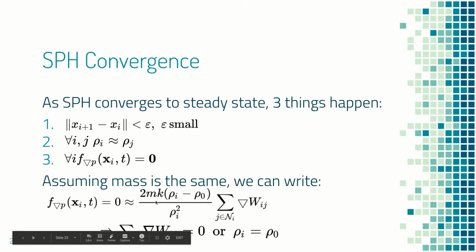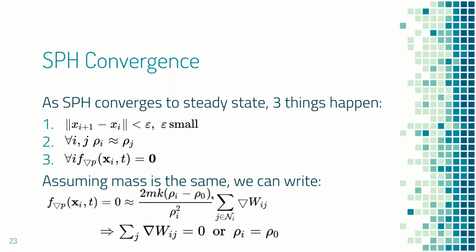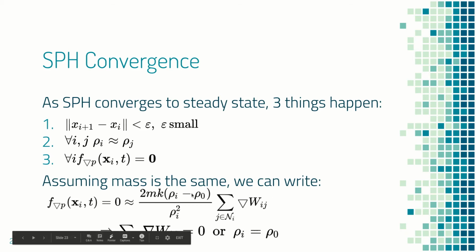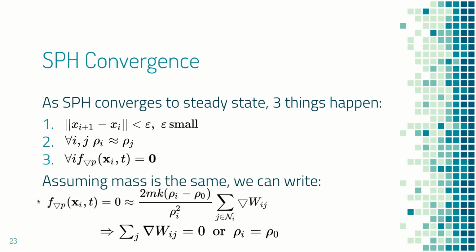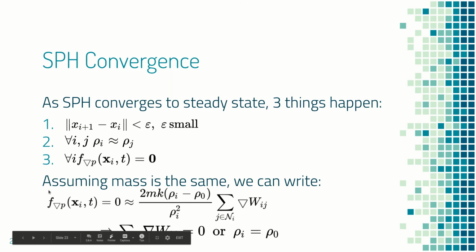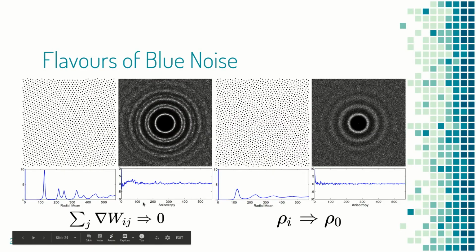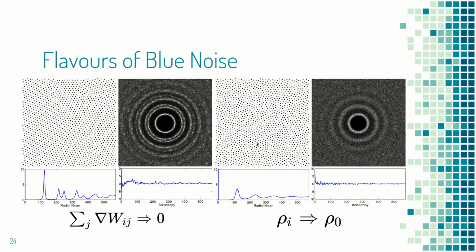And for that to be meaningful, that would imply that one of these two terms is going to be zero, which is the gradient of the kernel is zero, or that the density, so this term, would be the same as the rest density. So if we've achieved one of these two things, then we can assume that's what's causing the pressure gradient to end up being zero.